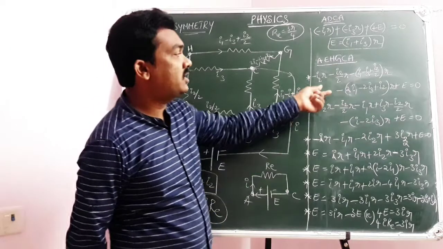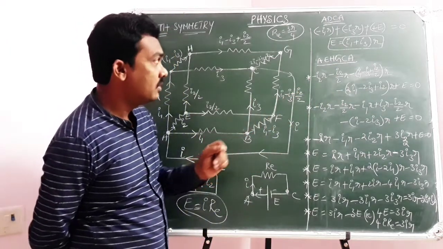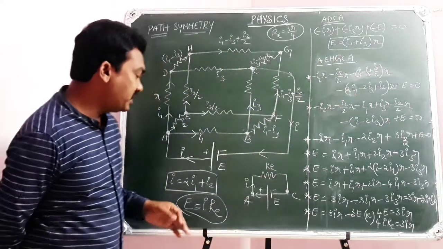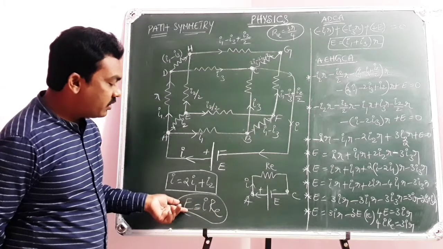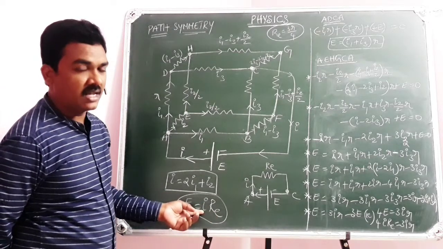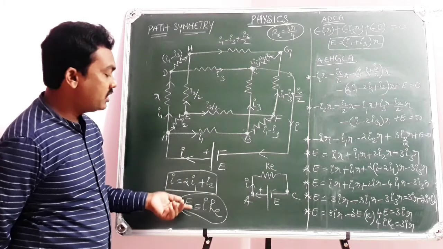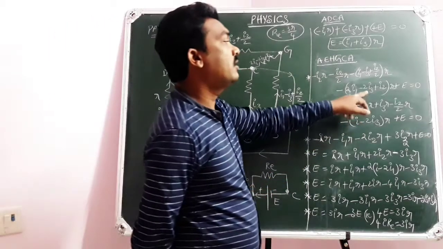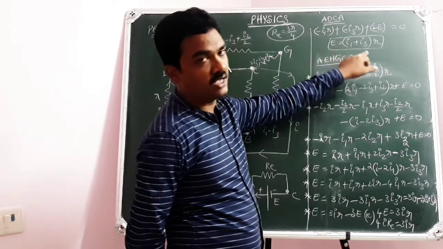But here after writing this equation, there is a very important key point that you need to do. You have E value in terms of I1 plus I3. Our intention is E equal to I into RE. Getting the E value in terms of I, I will cancel. Then I will get RE in terms of small r. So E value must be in terms of I. So first of all, this I2 should be avoided because E is in terms of I1, I3.